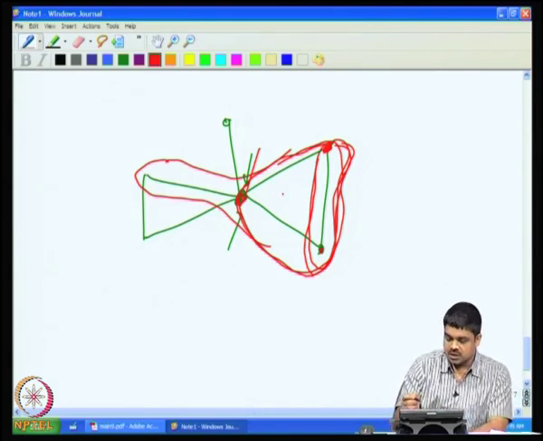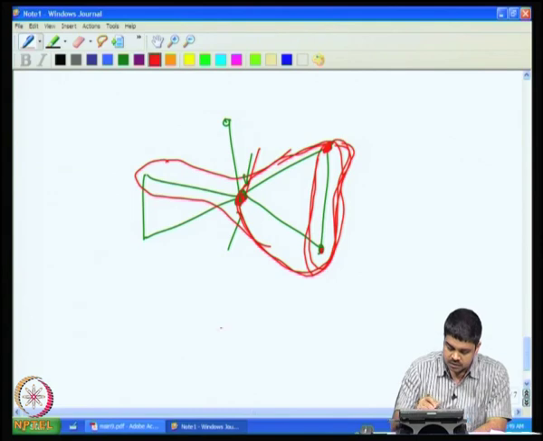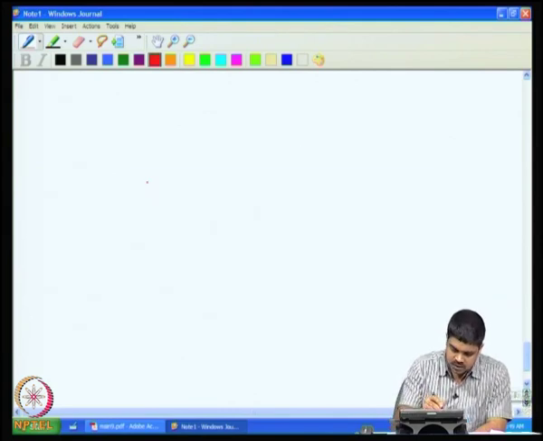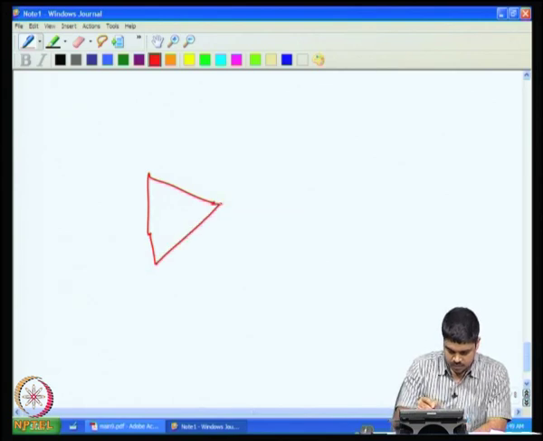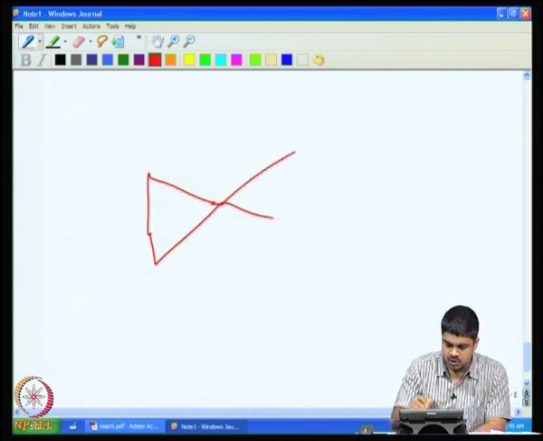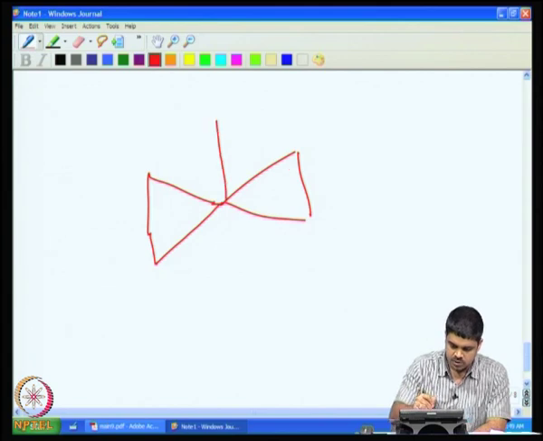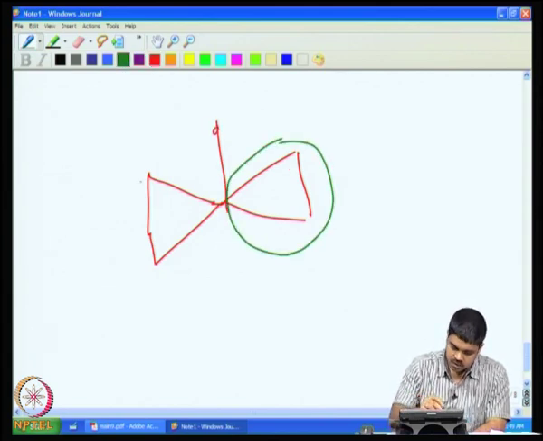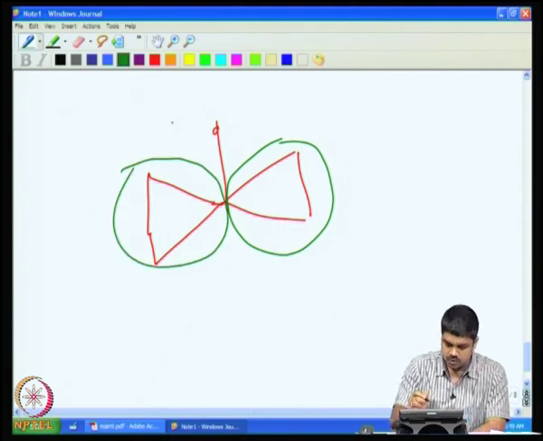So, in this graph the maximal connected subgraphs without a cut vertex happen to be these, right. I mark it with this one, and then of course this one, and this one, right.